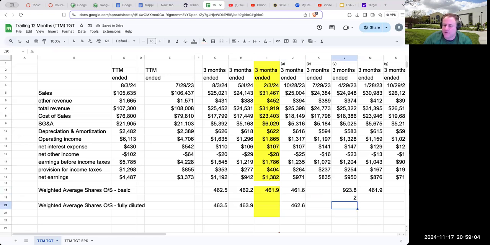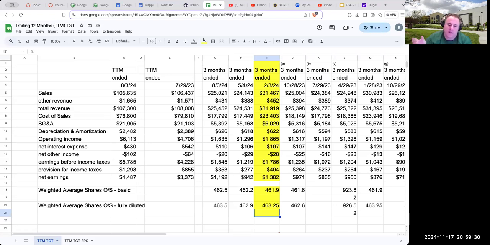Over here, I'm going to take the 463.9, which was for the 3 months ended 5/4/24, plus the 3 months ended 10/28/23, divide that by 2, and this gives me 463.25.